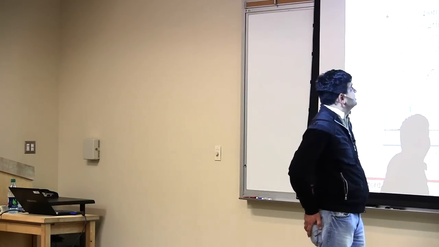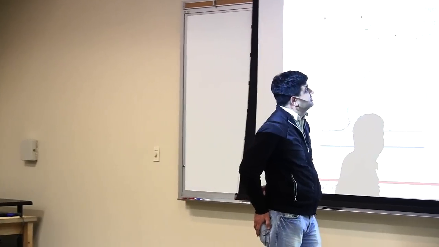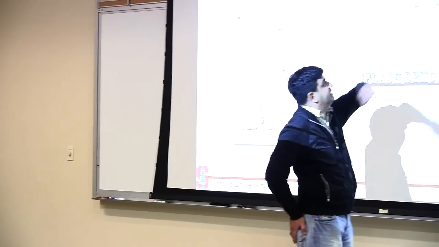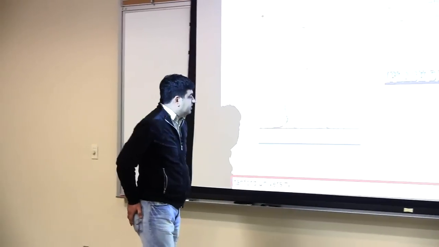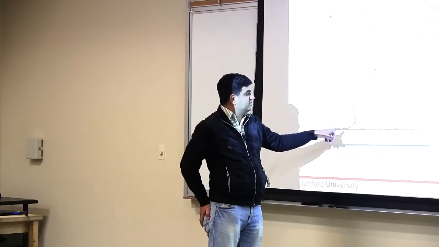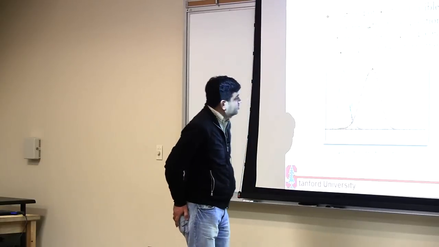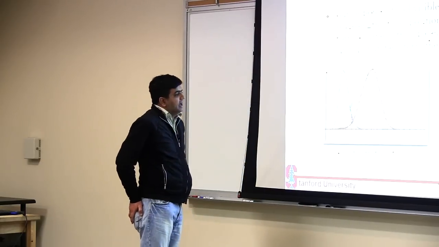These cones are called LMS cones, standing for long, medium, and short wavelength cones. A long wavelength cone would be the red cone, a medium wavelength cone would be your green cone, and a short wavelength cone would be your blue cone.